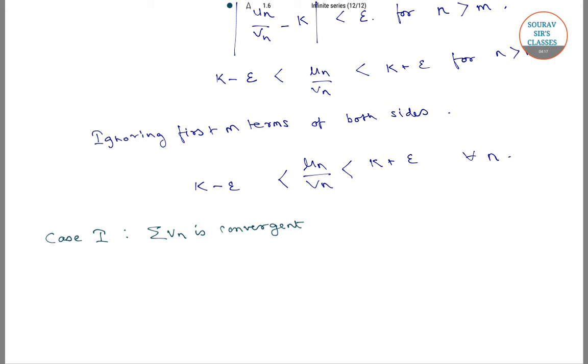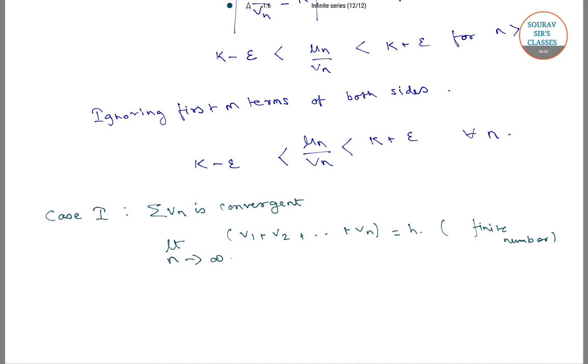Now case 1, let summation vn be convergent. Therefore, limit n tends to infinity v1 plus v2 plus so on plus vn is equal to h, where h is some finite number. Let us denote this as equation 1.